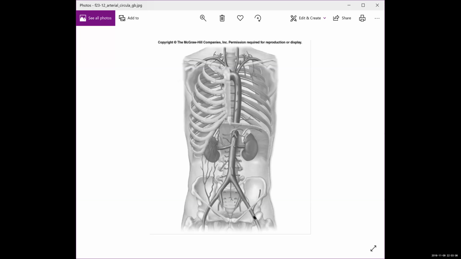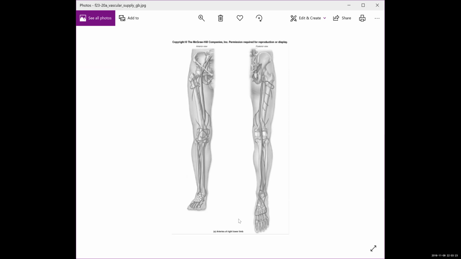Name that vessel. Femoral artery. All right. Name this vessel. Femoral artery again. Name this vessel as it goes down here.